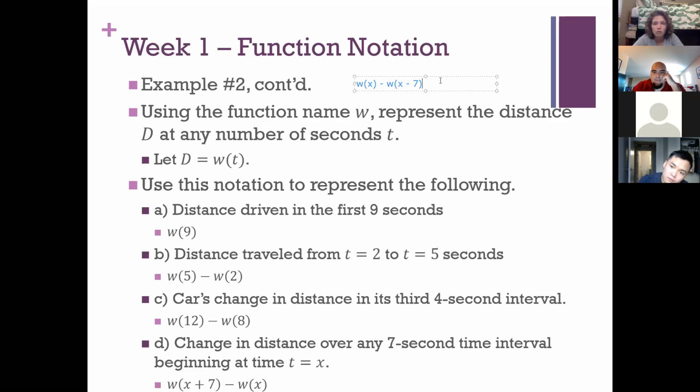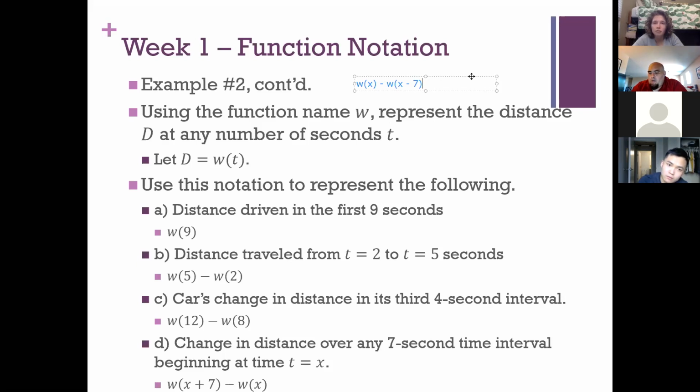Yeah, it still will. But why is it not correct where the one you all gave me for D is correct? It finds 7 seconds before you wanted to look at it. Right, that's exactly right. So what I've typed in blue there basically gives me the distance over the 7-second interval that ends with x, which is earlier than I wanted.